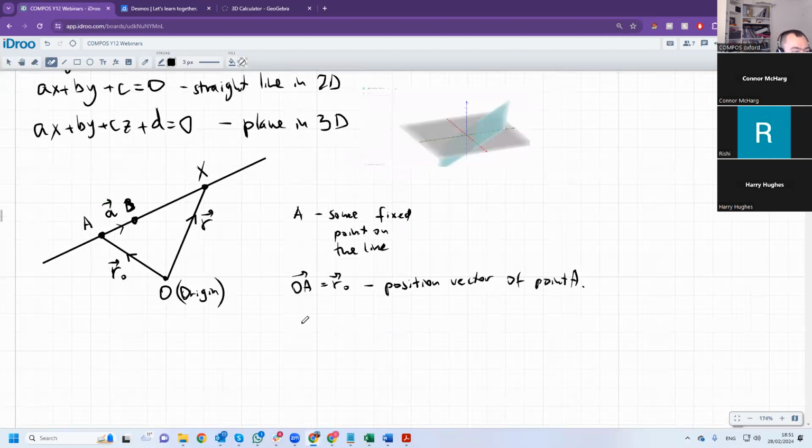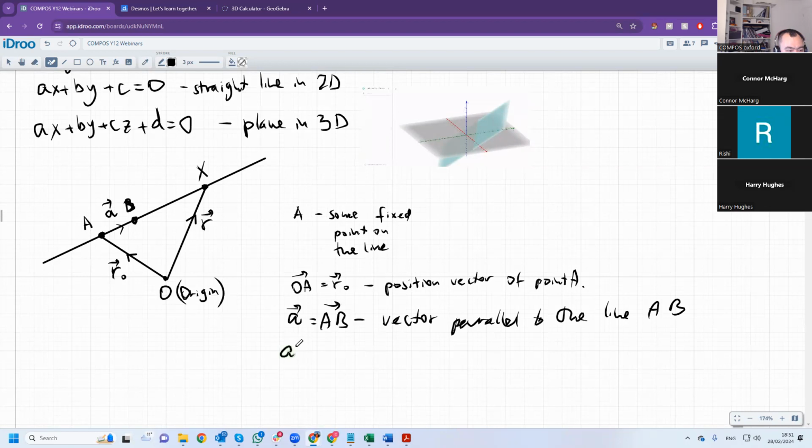So, okay. A, which is also AB, is a vector parallel to the line AB, which is known, A is called the direction vector. Vector AX is equal to lambda multiplied by A. So AX is just a longer version of AB.